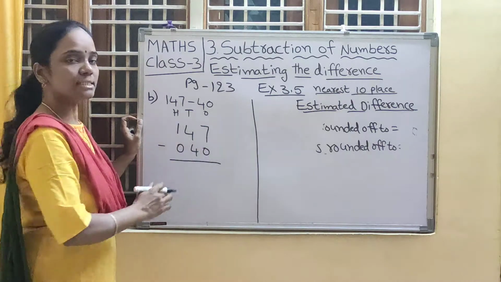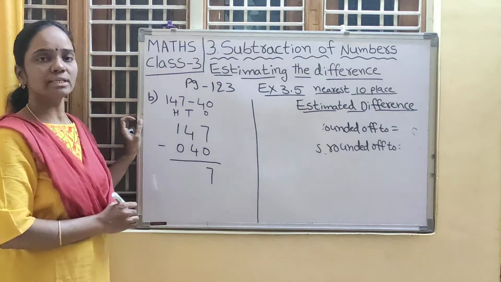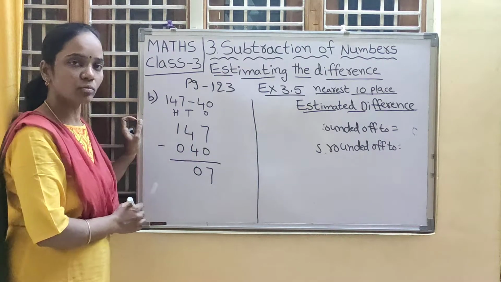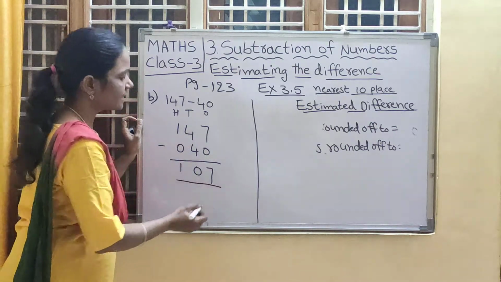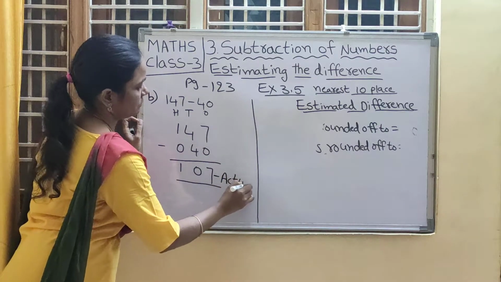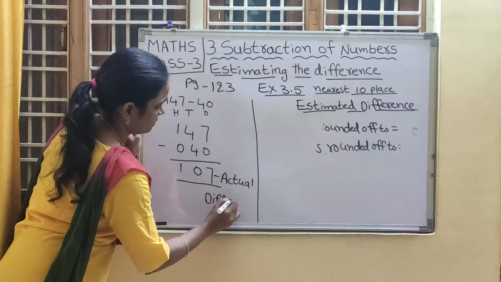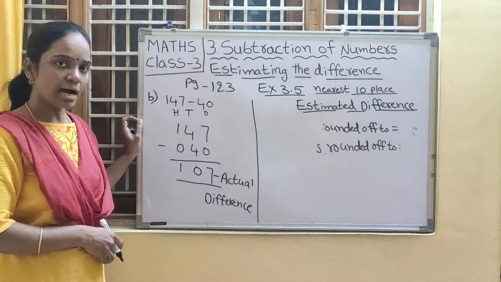Now 7 minus 0, how much? 7. 4 minus 4 is 0. And 1 minus 0 is 1. 107 is the actual difference.